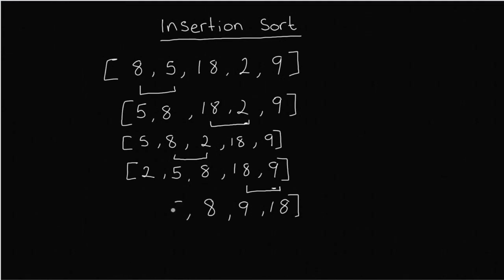And if we just fill in 8, 5, and 2, and we'll wrap that in square brackets to identify it as being an array. And now if we go through all our elements, 2, 5, 8, 9, and 18, we can see that this is now a sorted array.